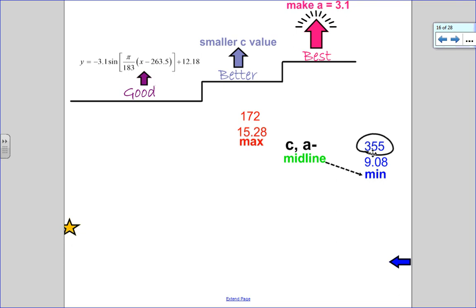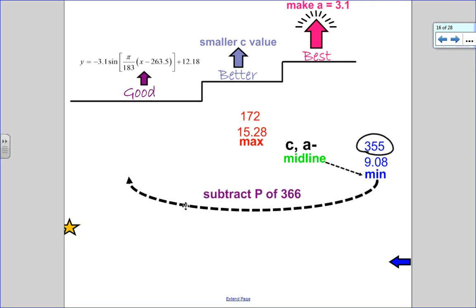So if I have a minimum 355 days into the year, I know that if I go back 366 days, I'm going to have another minimum, and that would occur at negative 11. Now, I know we can't have a negative day number, but this minimum is closer to the y-axis than this minimum, which means in between this minimum and this maximum will be another midline, but this midline will be on an upswing, making a positive.